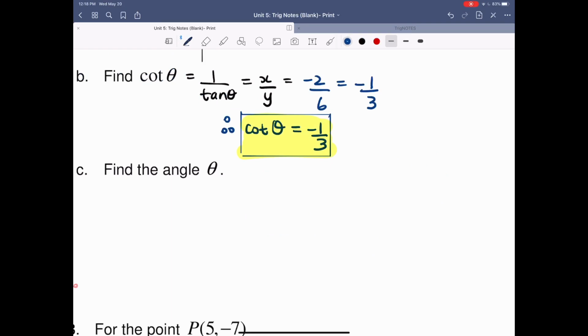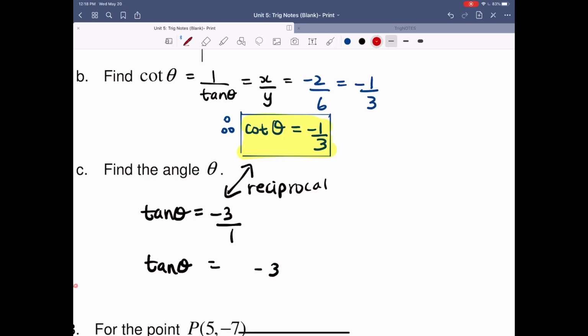Find the angle. If I have that cot theta is equal to -1 over 3, that means I have to do the reciprocal, and that means tan theta is equal to -3 over 1. In order to get my tan by itself, I need to do inverse of both sides. So tan inverse of both sides, well, theta is now equal to, using your calculator, 72 degrees.